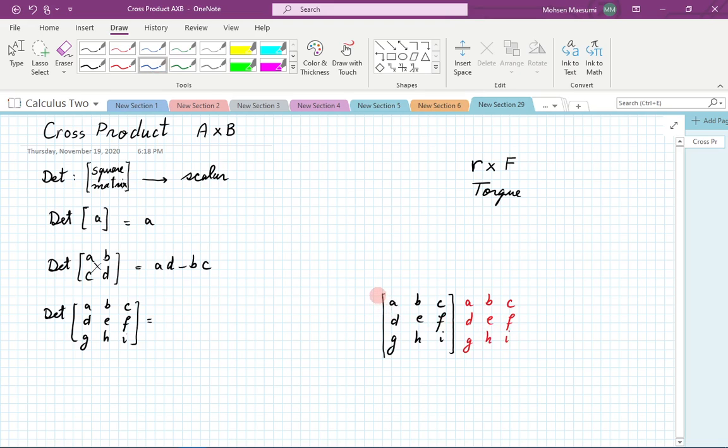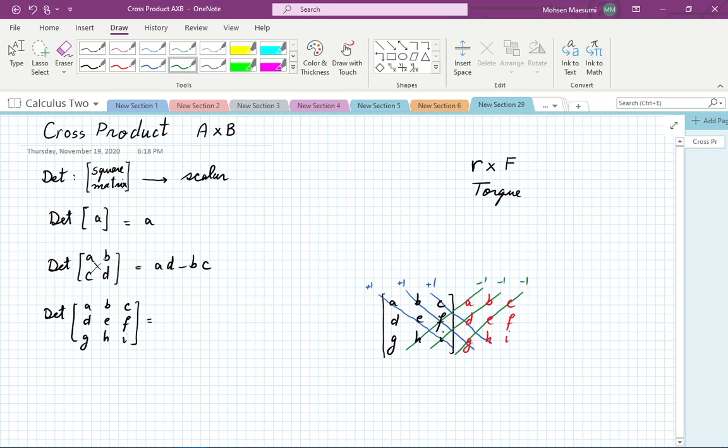Well, there are lots of diagonals here. Number 1, number 2, number 3. I take these blue diagonals, multiply them by pluses, and then I go in the opposite direction. So A, F, H, B, D, I, C, E, G, and multiply these by -1.